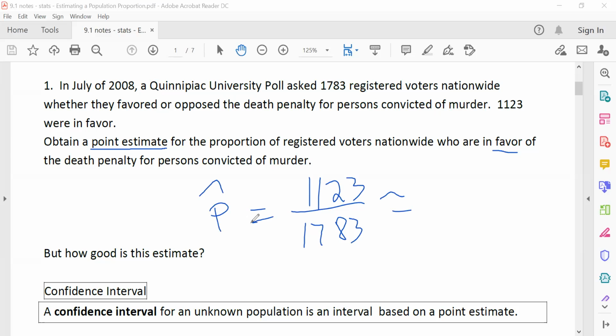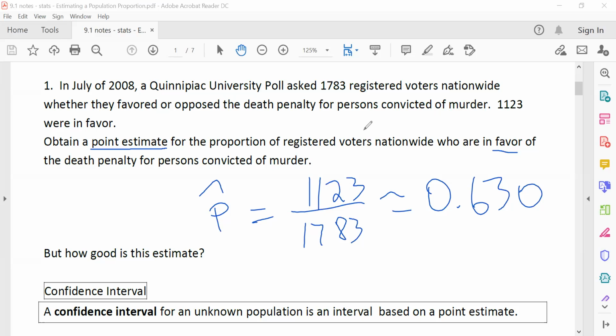Bust out your calculator. We'll round it to 3 decimal places, and it's going to be 0.630. And that's rounded. It was like 0.6289 or something. So about 63% of the sample said that they were in favor of the death penalty.